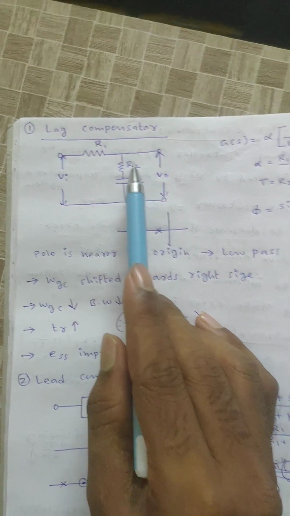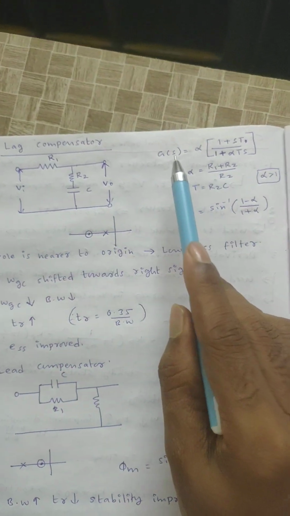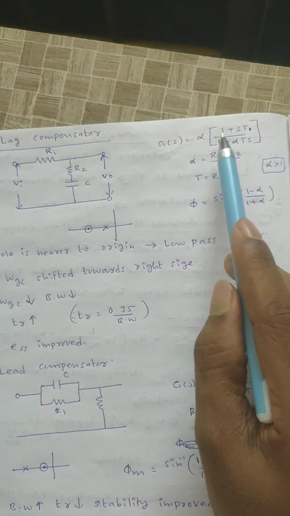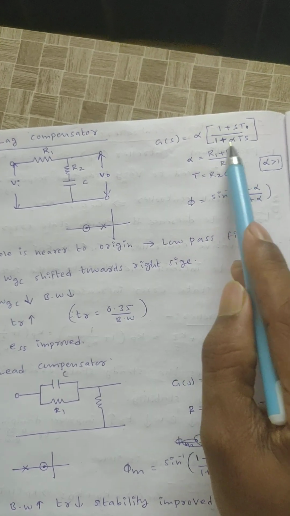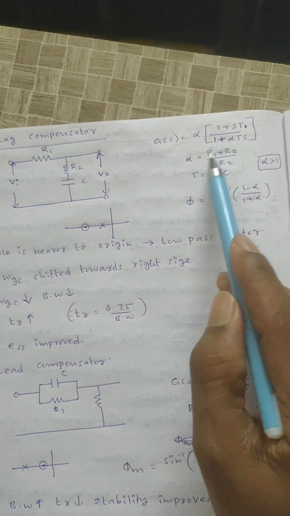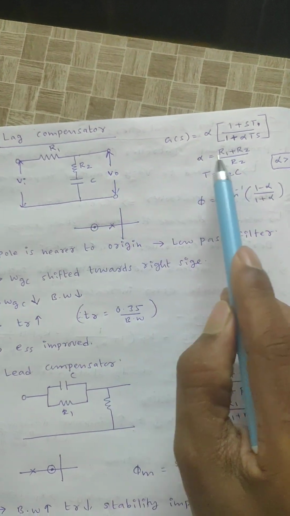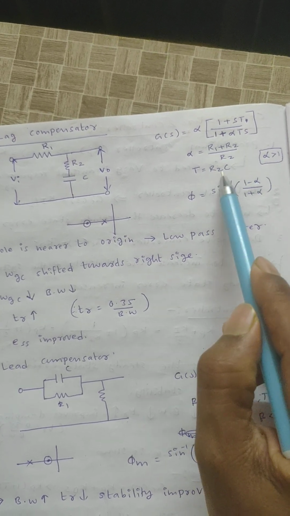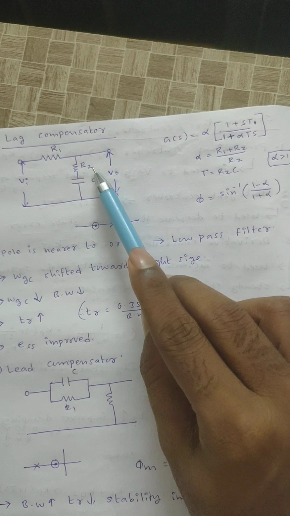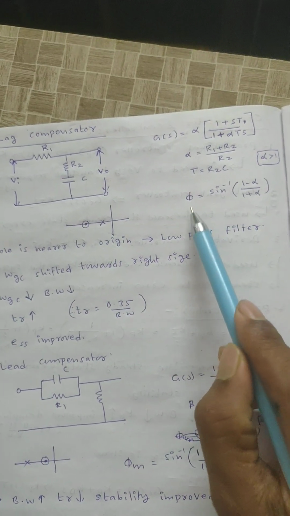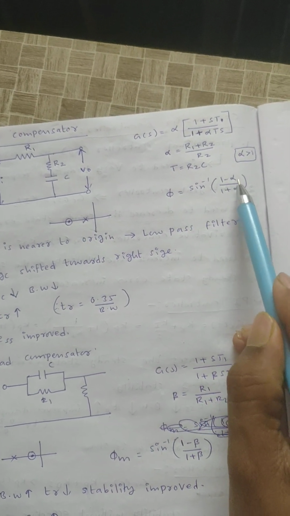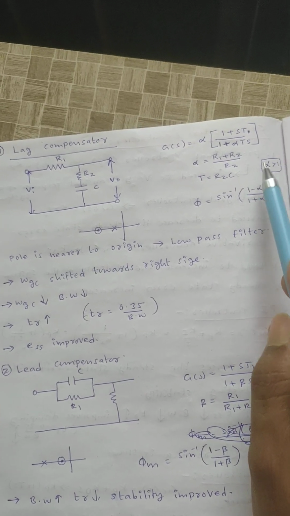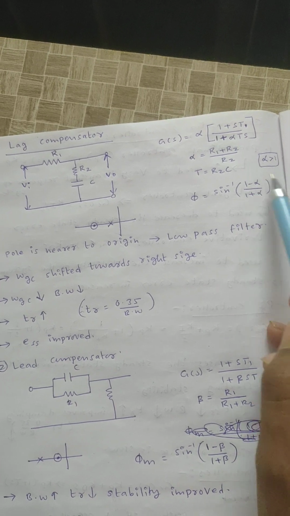Now see here, from this equation, the open loop transfer function Gc is alpha into (1 plus sT) by (1 plus alpha sT), where alpha equals (R1 plus R2) divided by R2, and the time constant tau equals R2 into C. The phase angle phi equals sin inverse of (1 minus alpha) by (1 plus alpha). In this lag compensator, alpha is greater than 1, and only then are these formulas applicable.